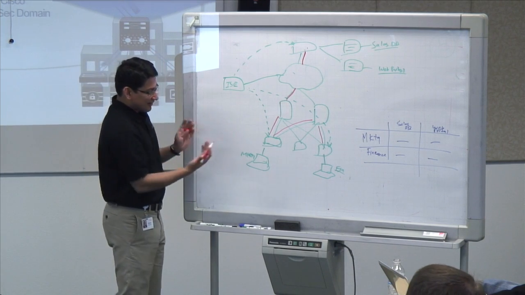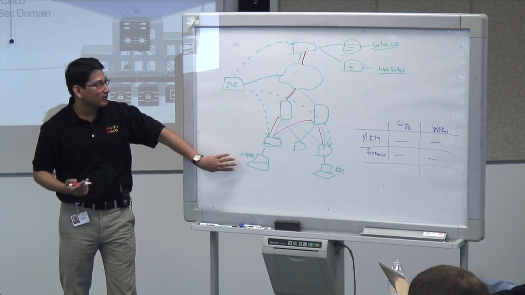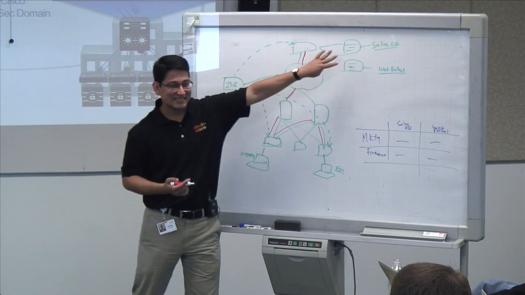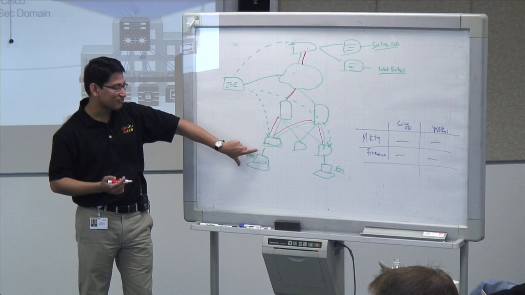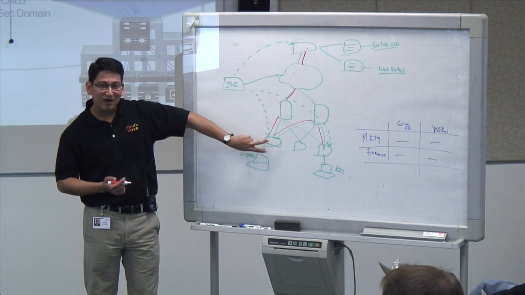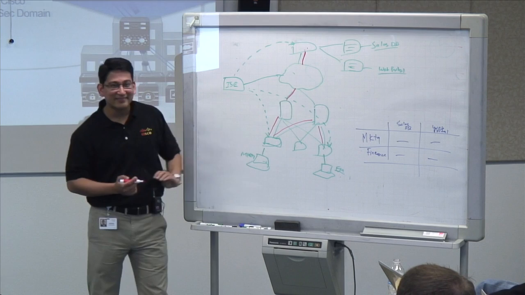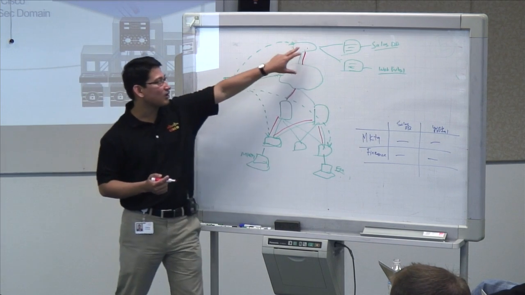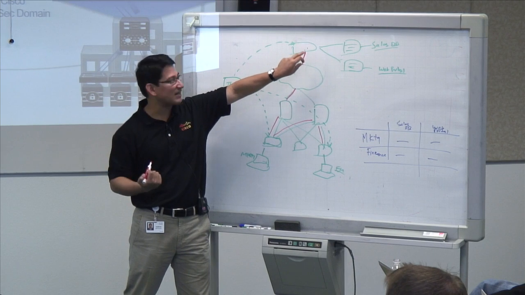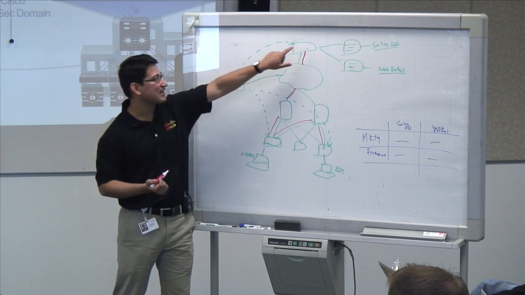Now let's consider an example flow beginning from, let's say, a marketing user accessing a sales database. What's going to happen is you authenticate a user, you identify the source of information, and you tag the traffic based on the source. That's why you call it source group tagging. This tag gets propagated all the way to the egress of the network, where your policy now gets enforced.